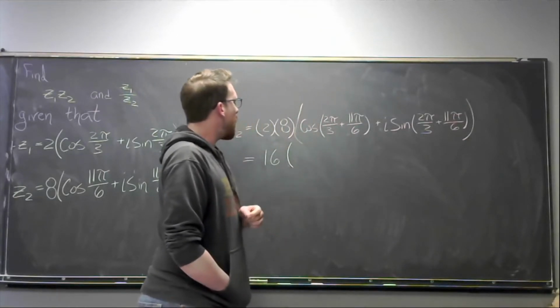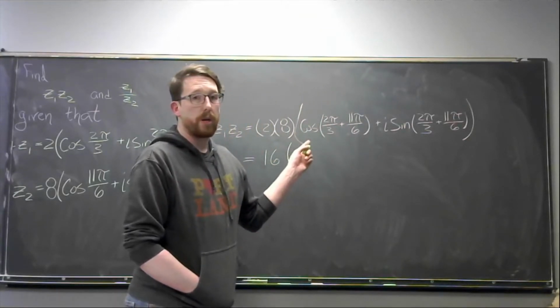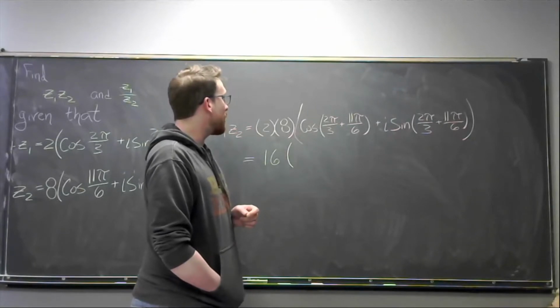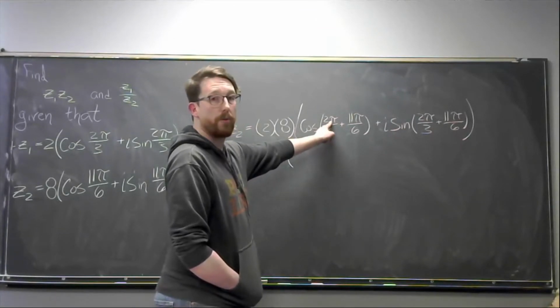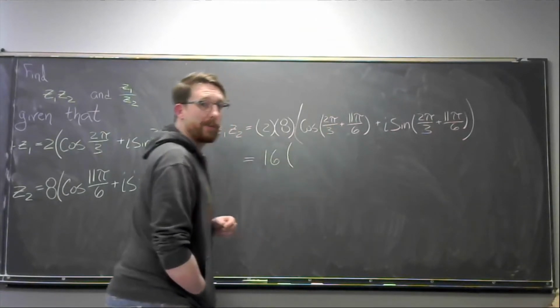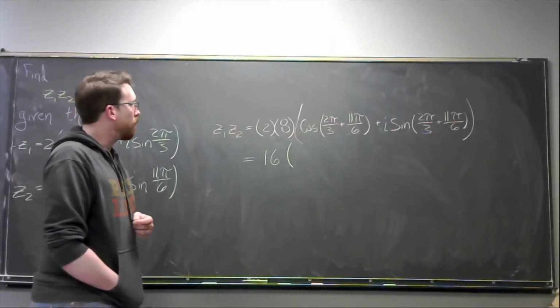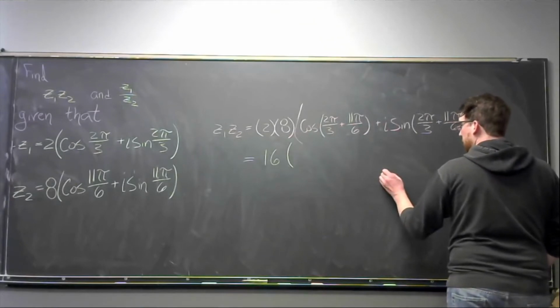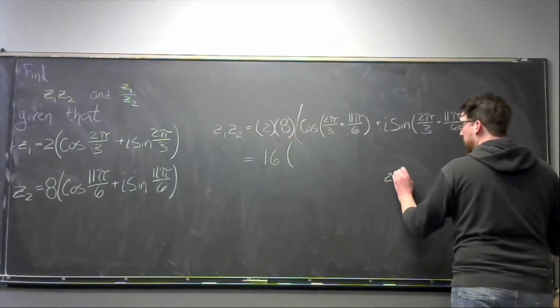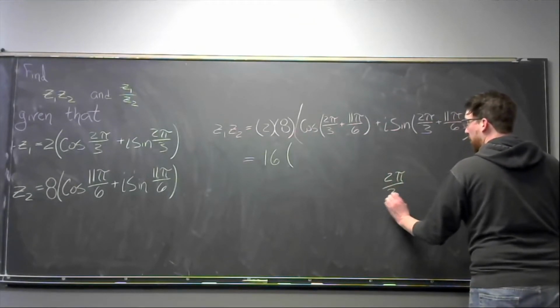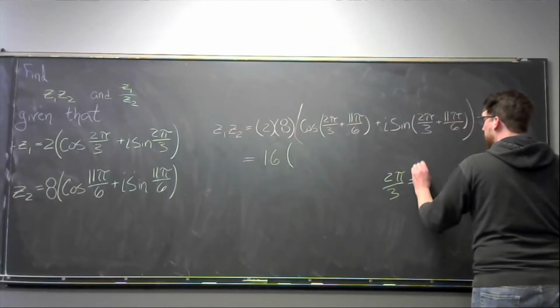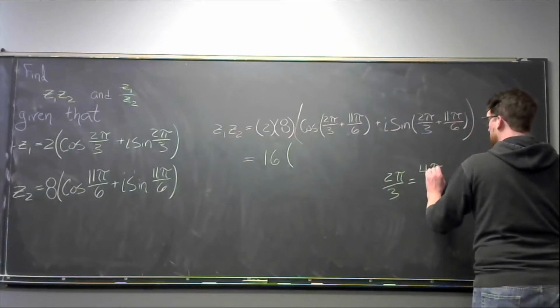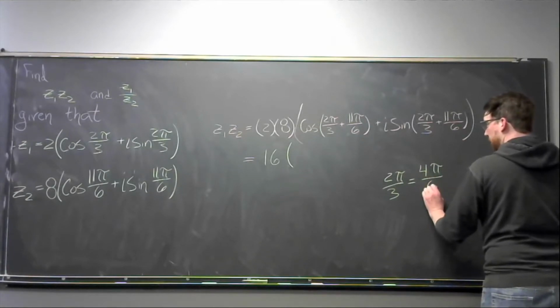Well, 2 pi over 3 plus 11 pi over 6. We can rewrite 2 pi over 3 in terms of fractions of 6, right? So what I'm saying is we can rewrite 2 pi over 3 as 4 pi over 6.